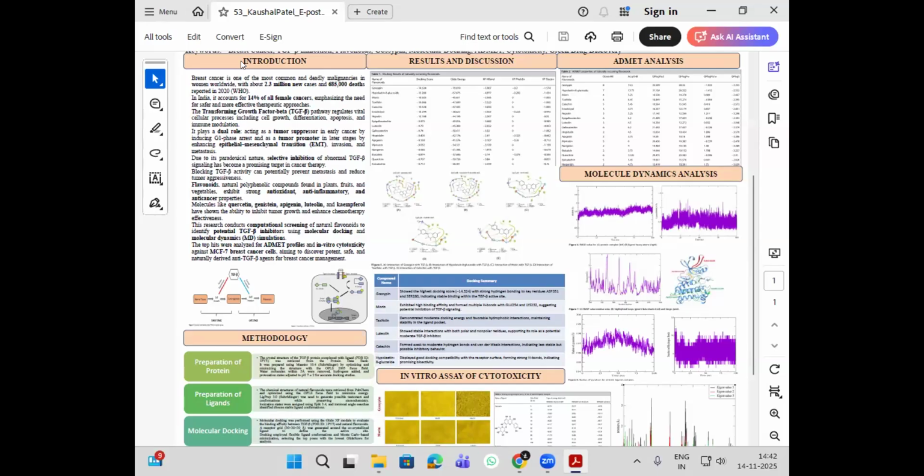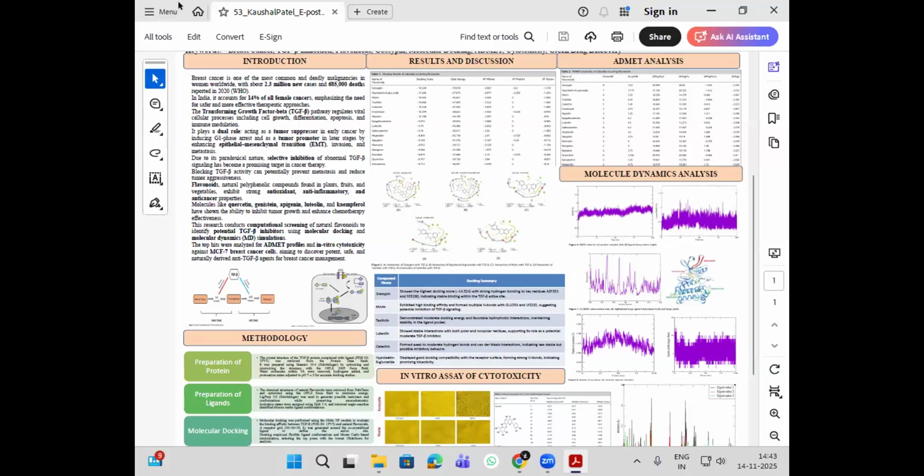So based on the docking study and dynamics study, we get a very good stable protein and ligand complex. The ligand, gossypin, has good protein-ligand binding capability, and the dynamics study also shows that both have stable complex formation, good hydrogen bonding, and very little fluctuation.